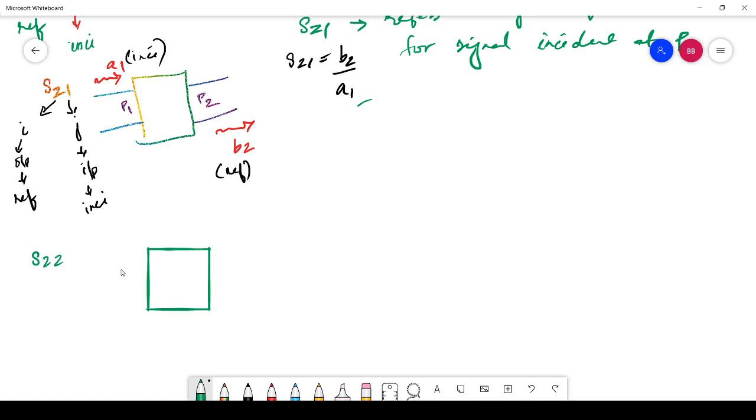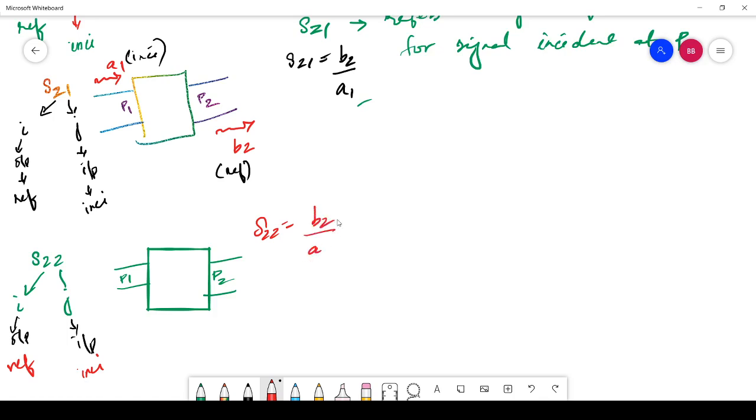In the same way I can write for S22. So this is my port 1 and this is my port 2. So this is my I and this is my J. When I say I, this is my output, and J is my input. When I say input, that is going to be my incident wave. When I say output, that is going to be my reflected wave. So how can I represent S22? It is output by input.